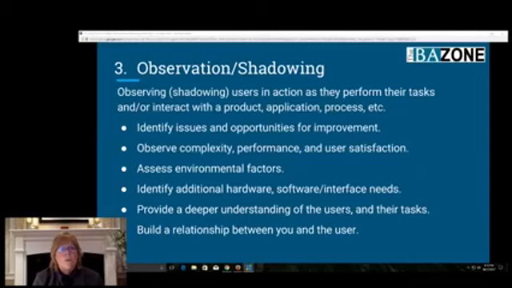By watching someone, sort of over their shoulder, sort of quietly, you can get a deeper understanding of the users and their tasks. At the same time, you're starting to build a relationship between you and the user. They get to know you, you get to know them, and it builds a level of confidence so that they trust you when you start giving them feedback or recommendations as to how to improve the application or their process.